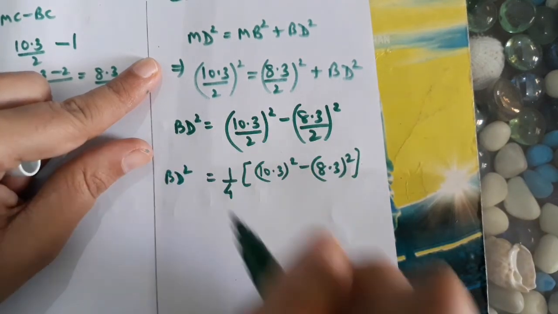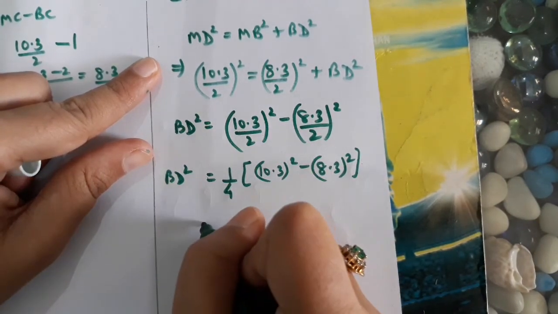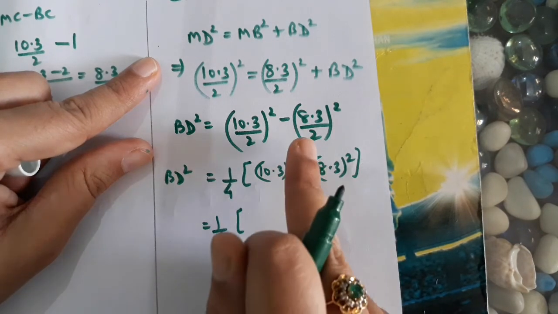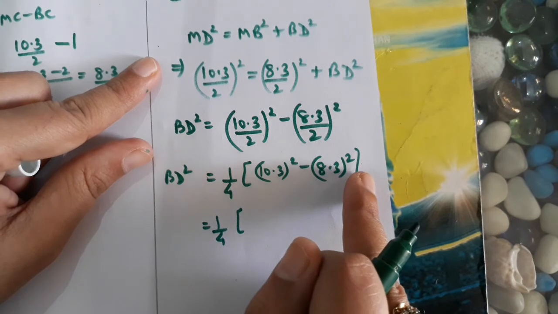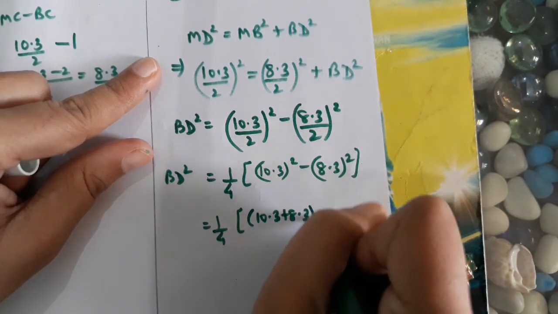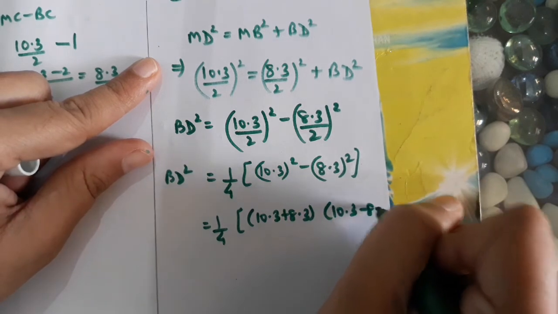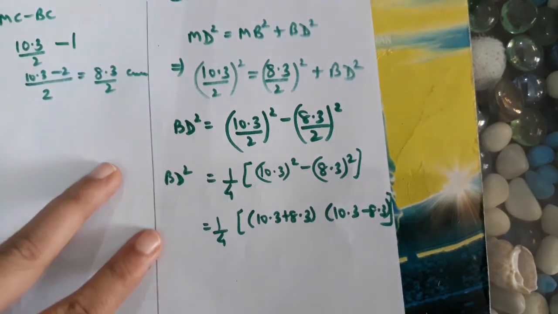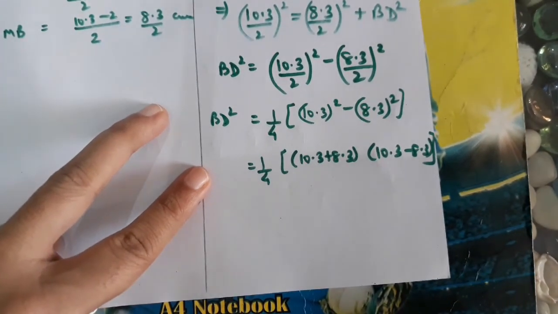This is the value of BD square. Now this is of the form a square minus b square, so we can use the identity a square minus b square is a plus b into a minus b.